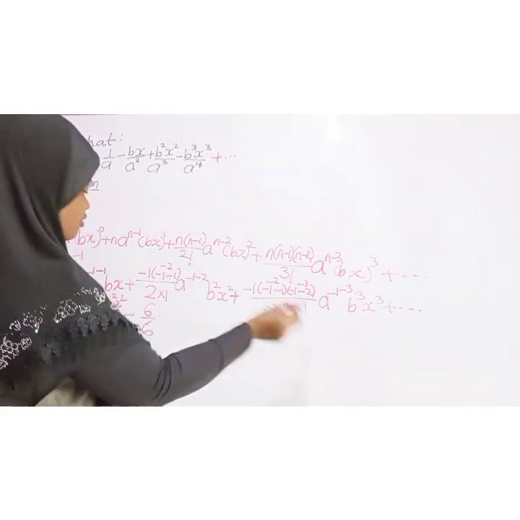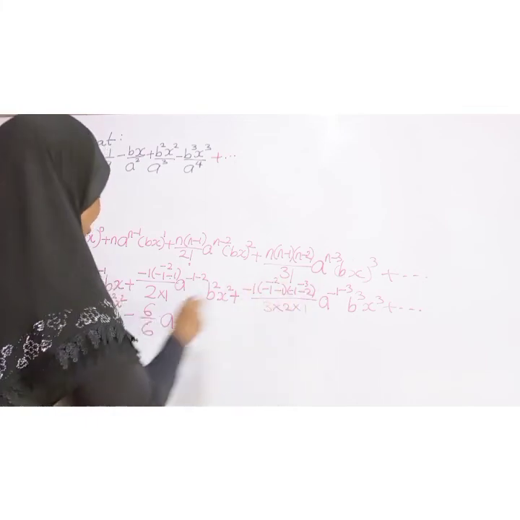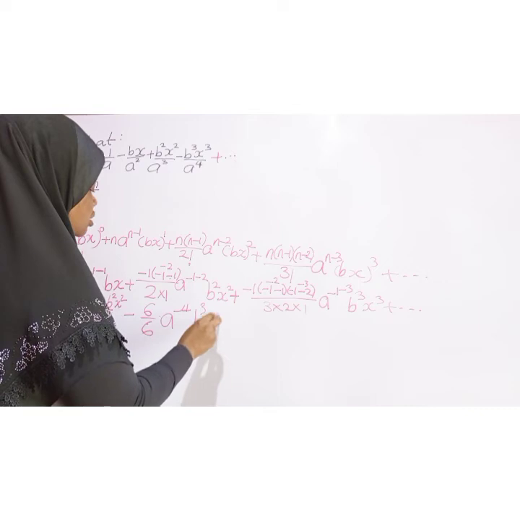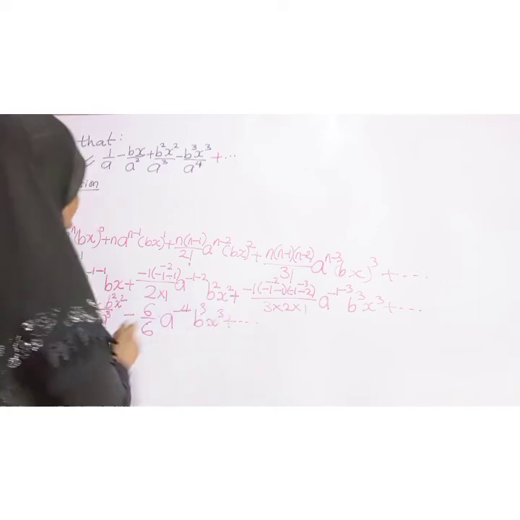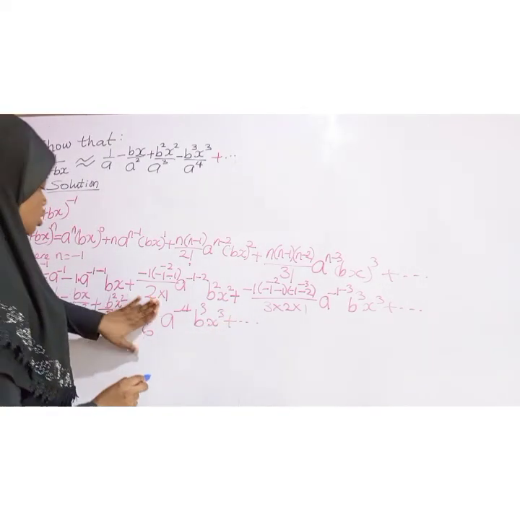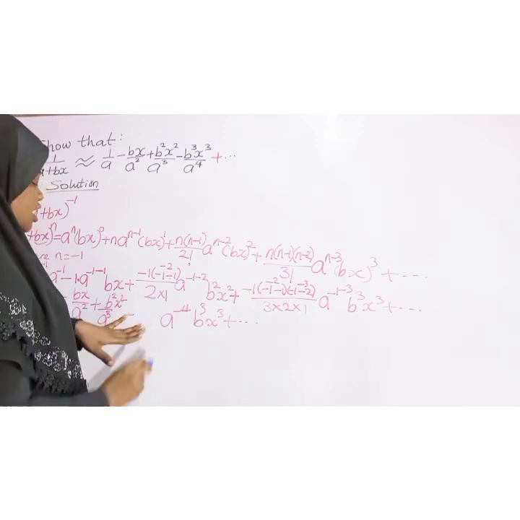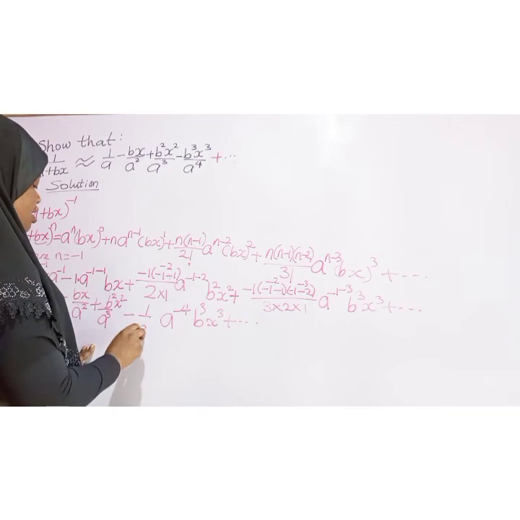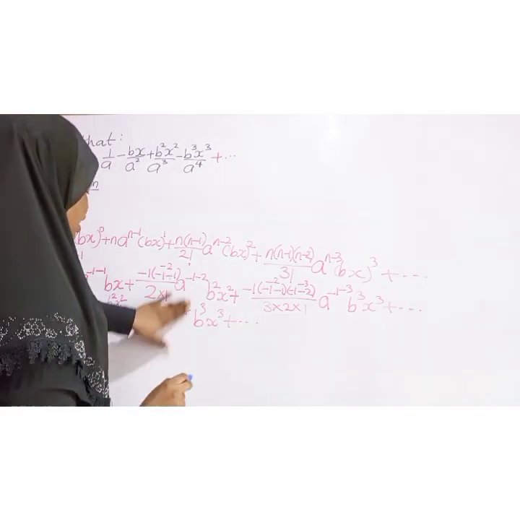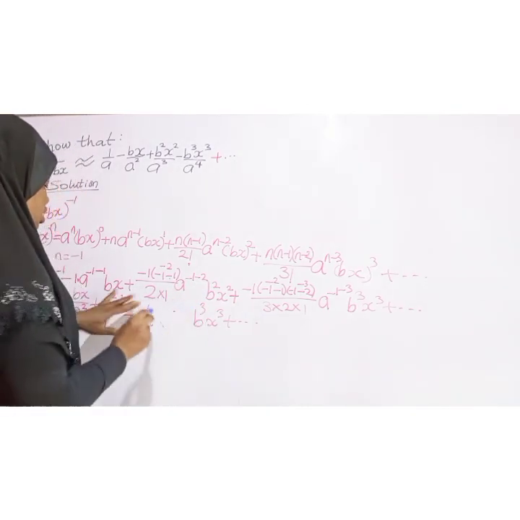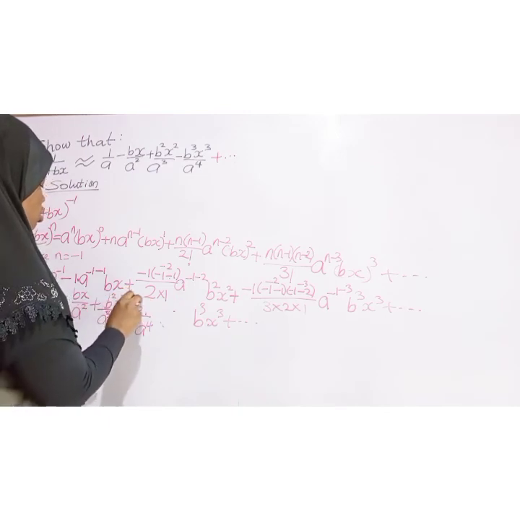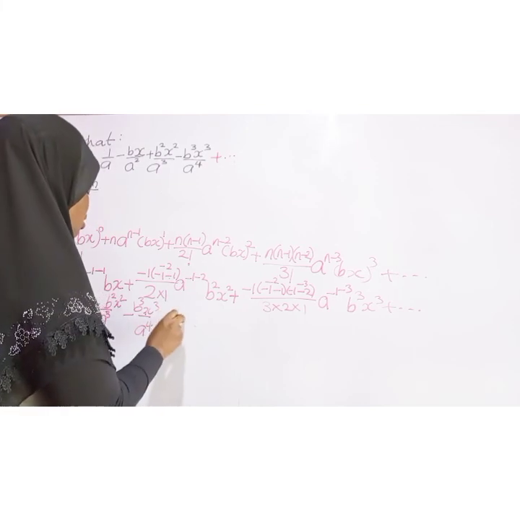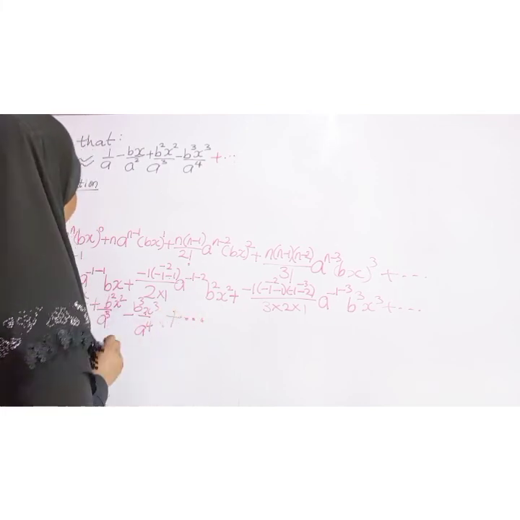So we have a raised to power minus 4, then b cubed x cubed plus dot dot dot. This 6 will cancel 6. Then a raised to power minus 4 will give us 1 over a to the power 4, then multiply by b cubed x cubed, then plus dot dot dot.